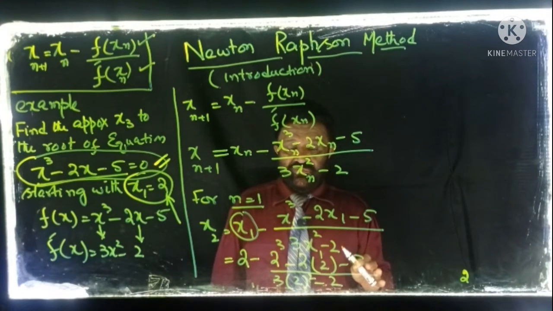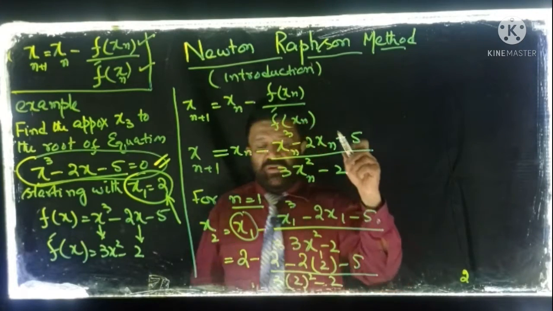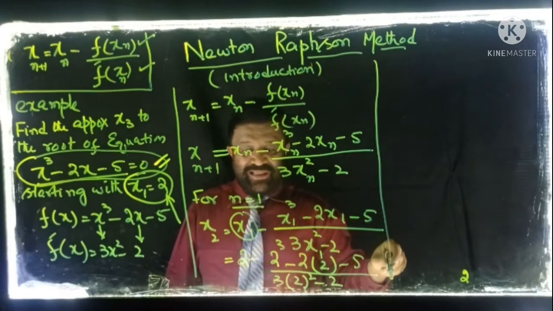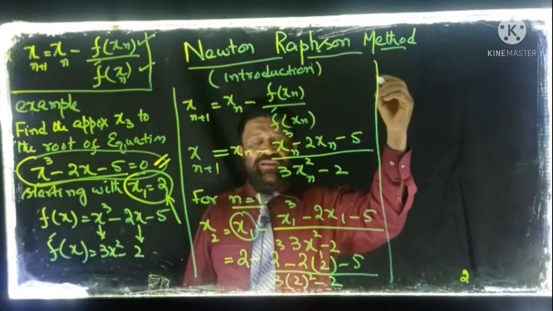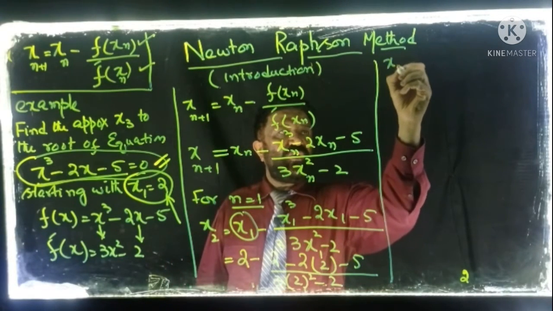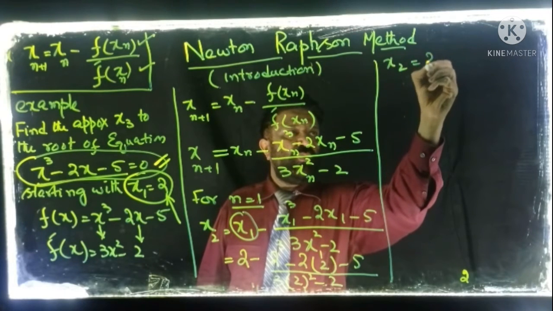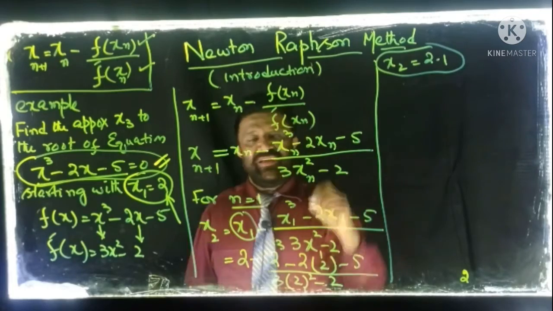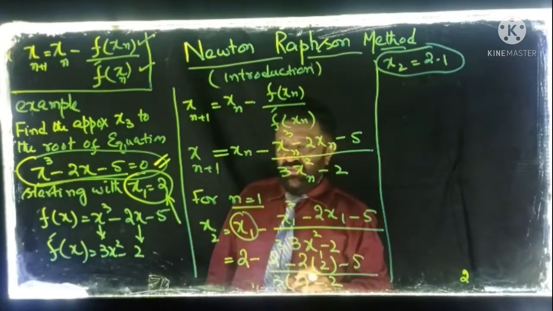Any problem? No problem, everything is clear. Once you simplify, you will get that x2 is equal to 2.1.